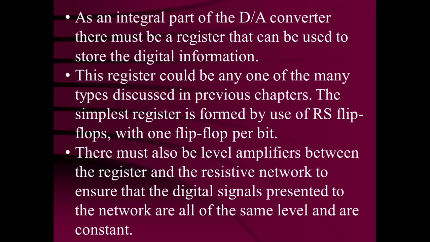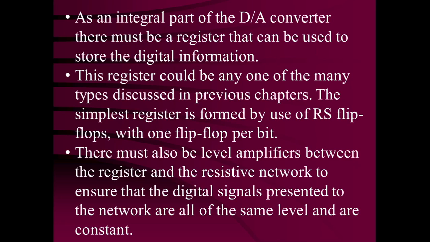And for this, another important block is required, and that is called the level amplifier. The level amplifier will have two types of inputs. One input is coming from the output of the flip-flop and another input is from the precision voltage source. This precision voltage source is a very accurate, regulated power supply which will provide, let us say, plus 10 volt.